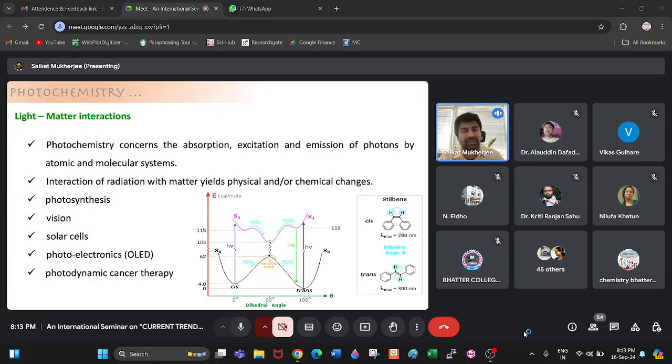So this is the basic underlying principle of photodynamic cancer therapy. There is a lot of argument and a lot of research going on, but we are still not at the very 100% success rate, but we are also trying to develop good photosensitizers to have effective photodynamic cancer therapy.